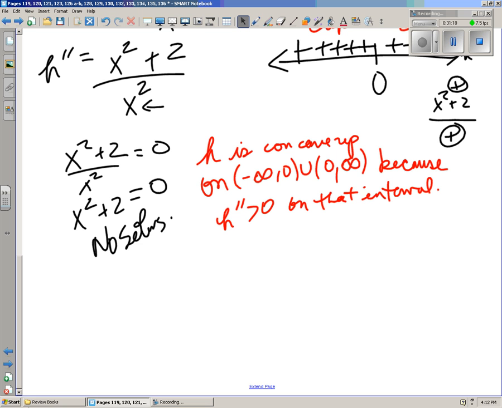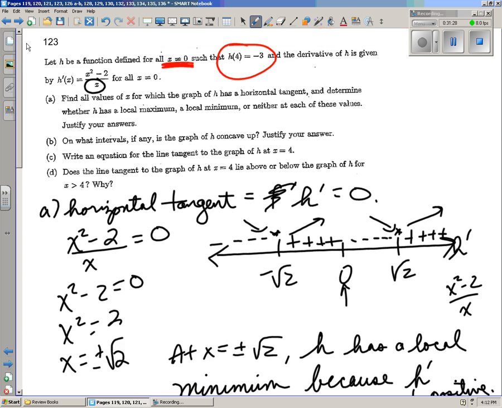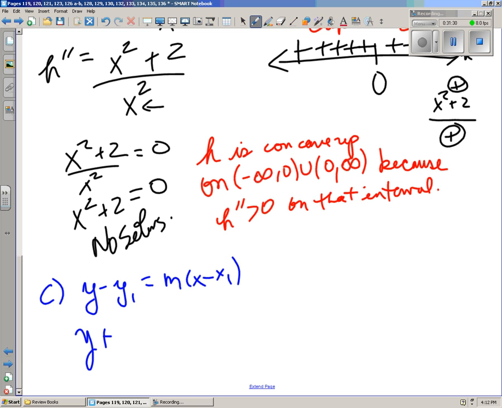Part C, we have y minus y1 equals m times x minus x1. They told us h of 4 was negative 3. So this is y plus 3 equals the slope times x minus 4. The slope would be had by h prime, which was x squared minus 2 over x.